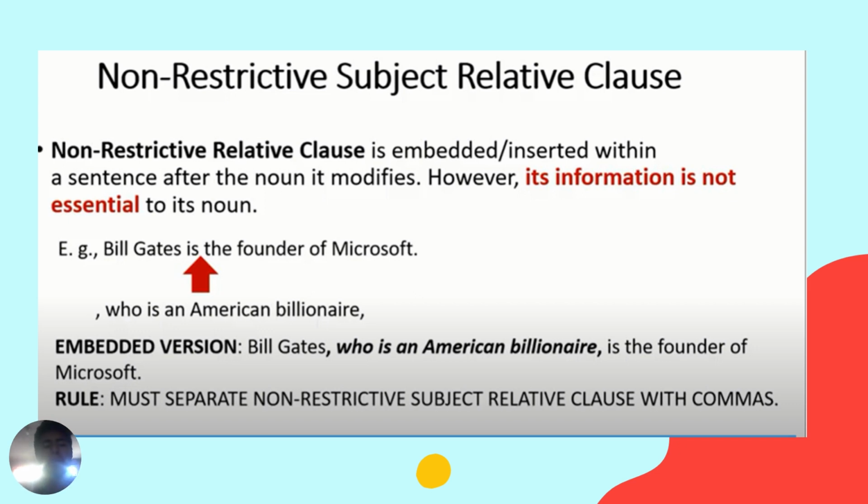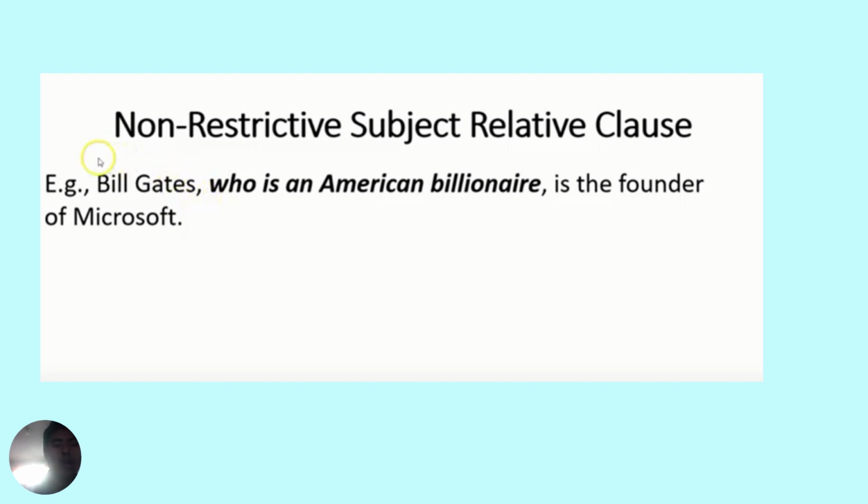We can add something like this: who is an American billionaire. So the new version: Bill Gates, who is an American billionaire, is the founder of Microsoft. Example of a non-restrictive subject relative clause: Bill Gates, who is an American billionaire, is the founder of Microsoft.